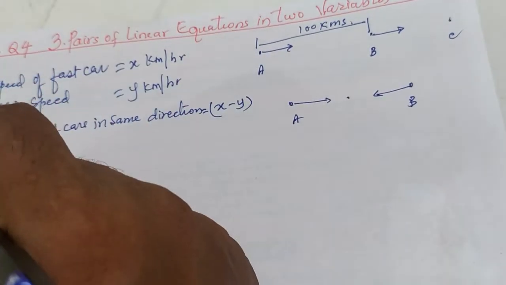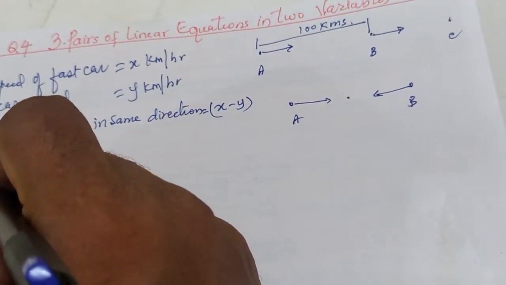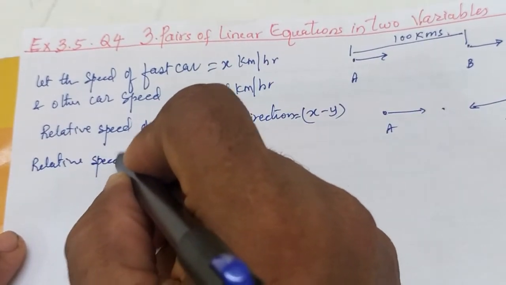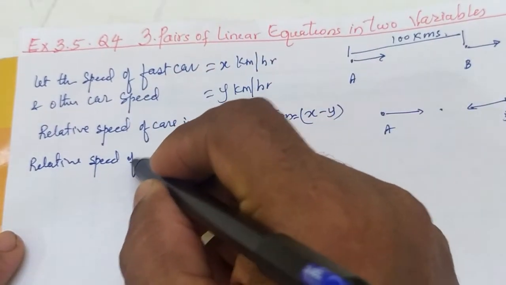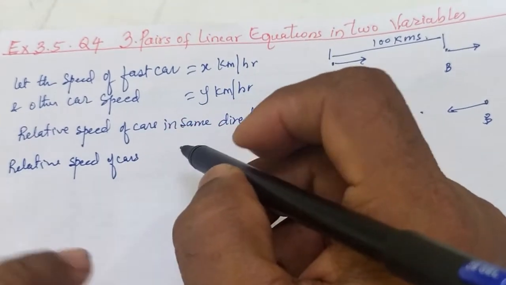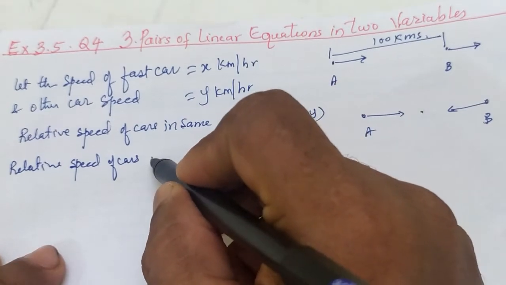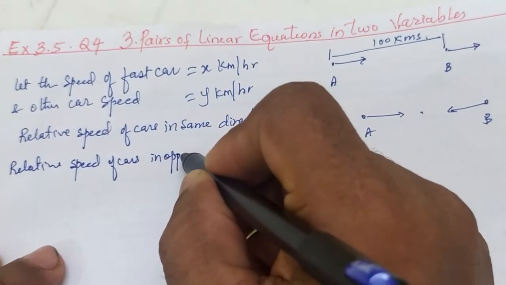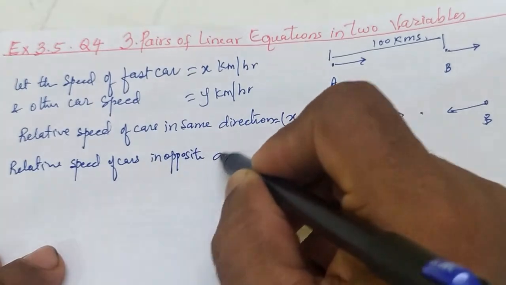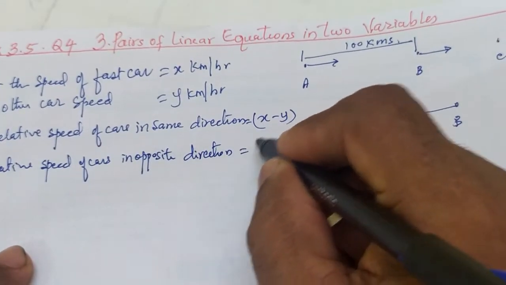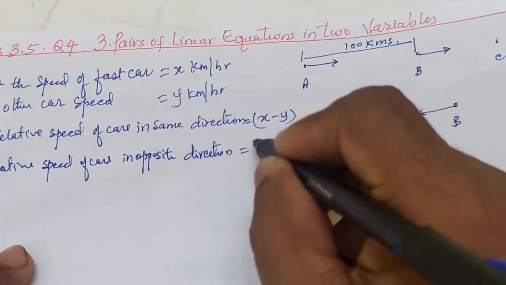So that's why the relative speed of cars when they travel in opposite direction will be x plus y.